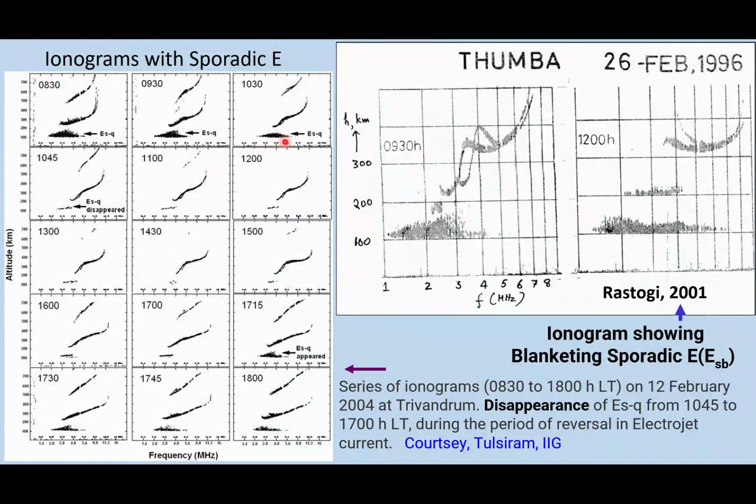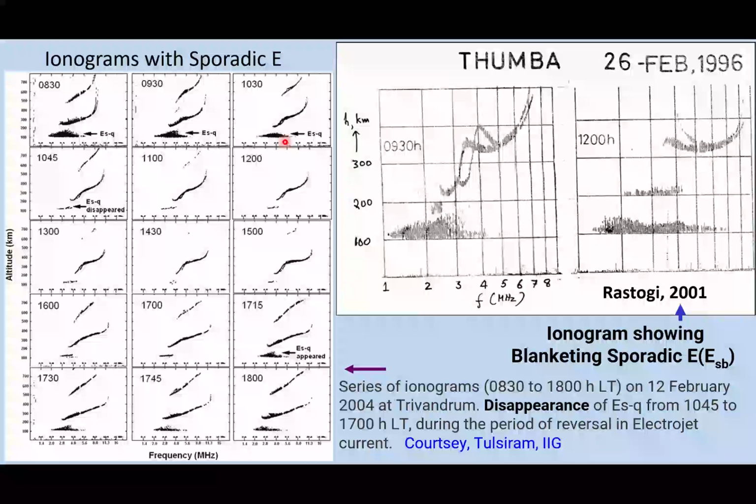But it is not due to a total reflection; it is again due to scattering by the plasma irregularities present in the E region of the ionosphere, and since it occurs mostly in the equatorial region, it is called ESQ, sporadic E of the equatorial region.